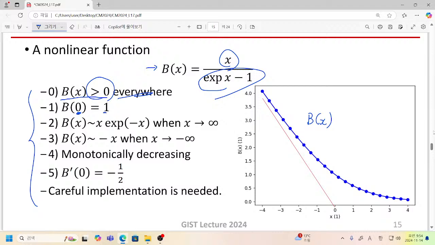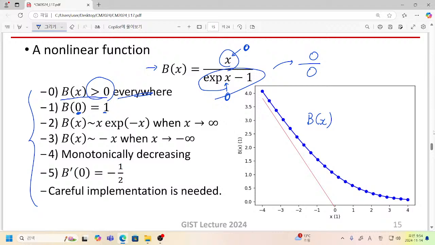But the point is, it is not that easy to obtain from this implementation. For example, if you insert 0 for x, then your upper part becomes just 0. And when you insert 0 here, your exponential function just gives unity and minus 1 gives 0. So it becomes 0 over 0.